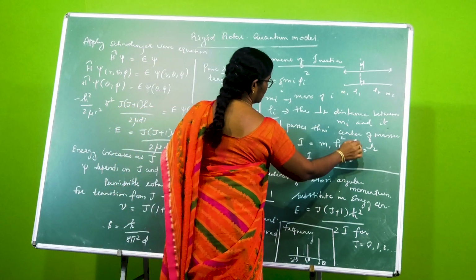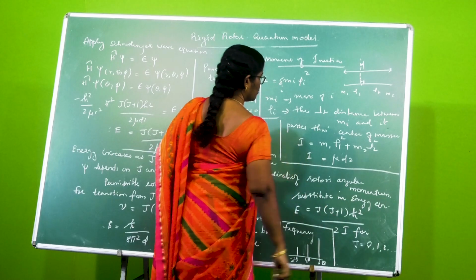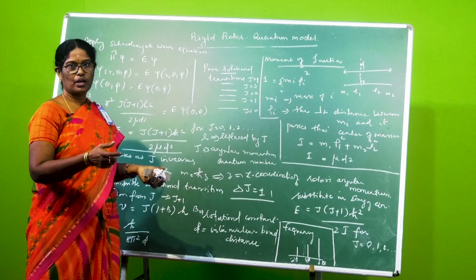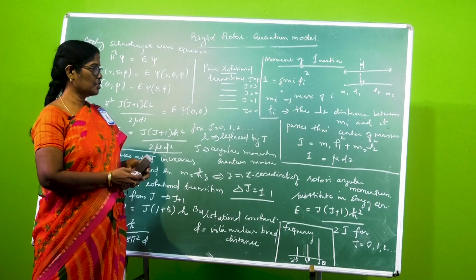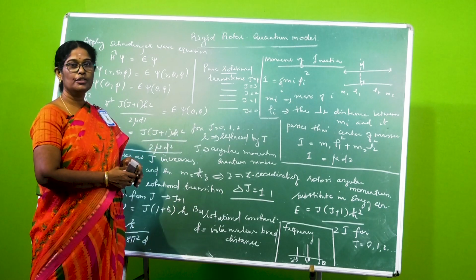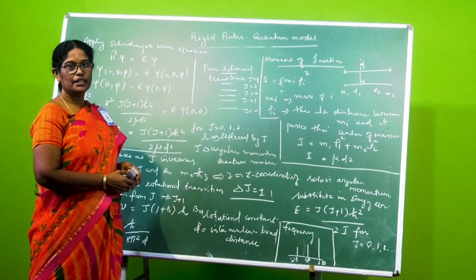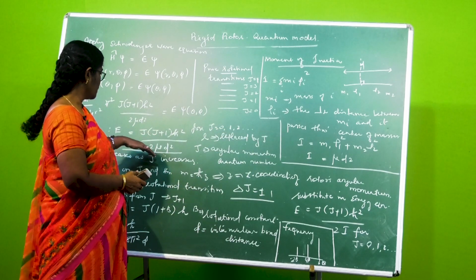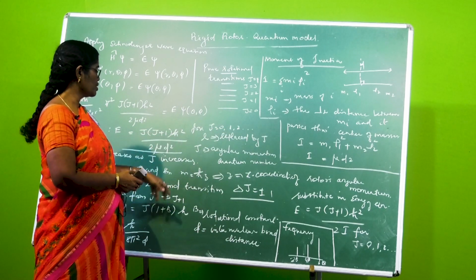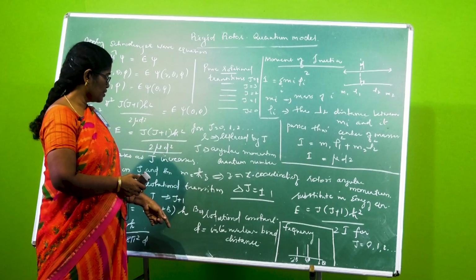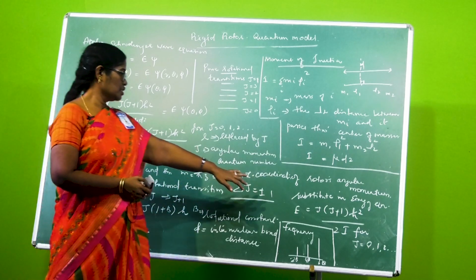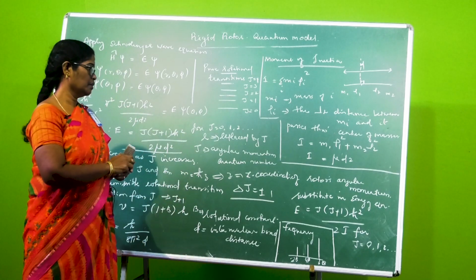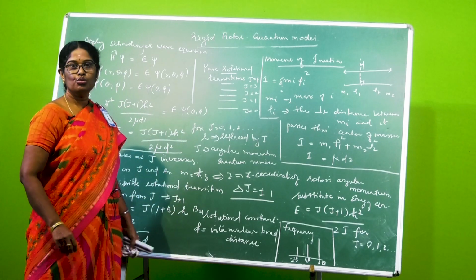So for our two particle rigid rotor system, we take into account m1 rho 1 square plus m2 rho 2 square, and the reduced form of the expression for moment of inertia is mu into d square. Thereby the factor mu d square can be substituted in the energy expression by the moment of inertia of the system, and hence the energy expression gets reduced to E is equal to J into J plus 1 into h bar square divided by 2I.